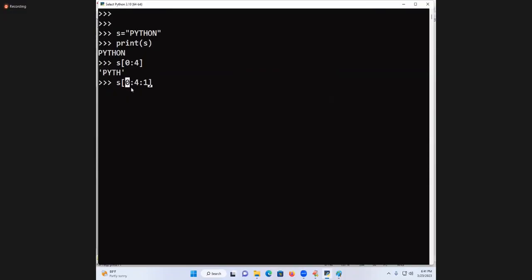What is 4? What is 1? Step. Is the step value positive or negative? From 0 to 4 minus 1. Is it the same answer or not? Hence it is proved that if I don't specify any step, the default step is 1. Clarity is there? Okay.